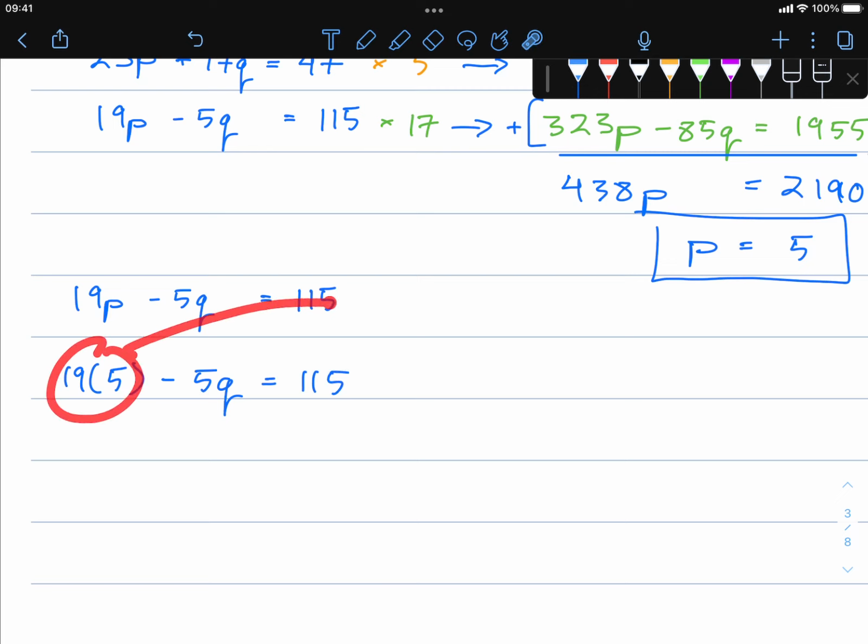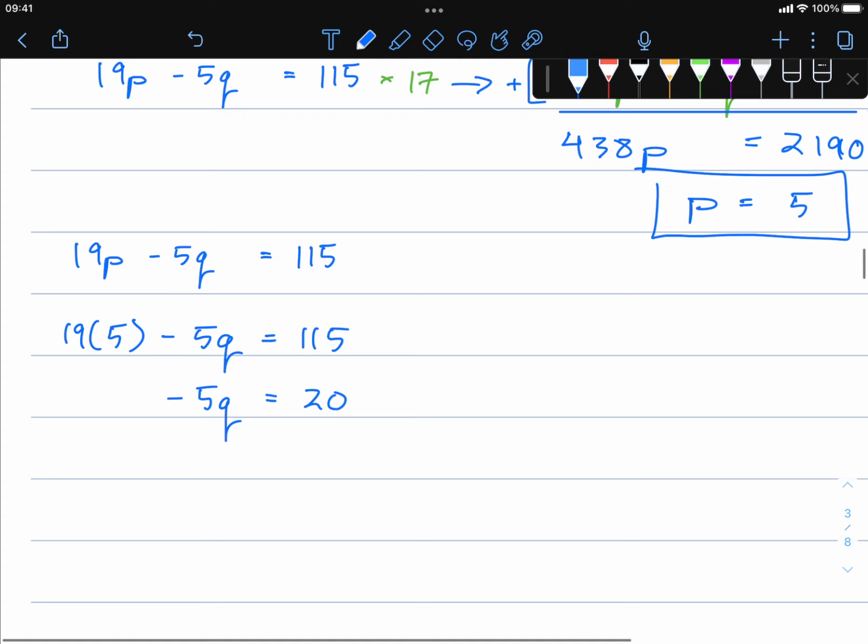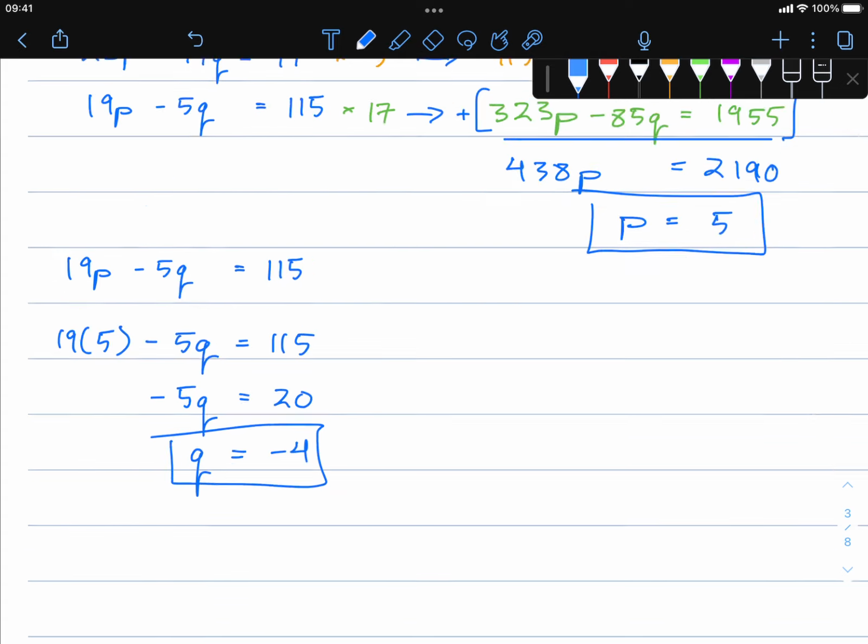Going to move this across straight away, so 115 take away 19 times 5 is going to be 20, so negative 5q equals 20, which means q equals negative 4.